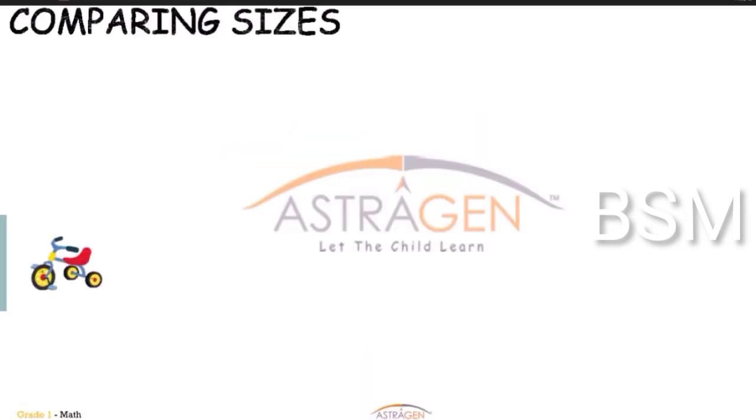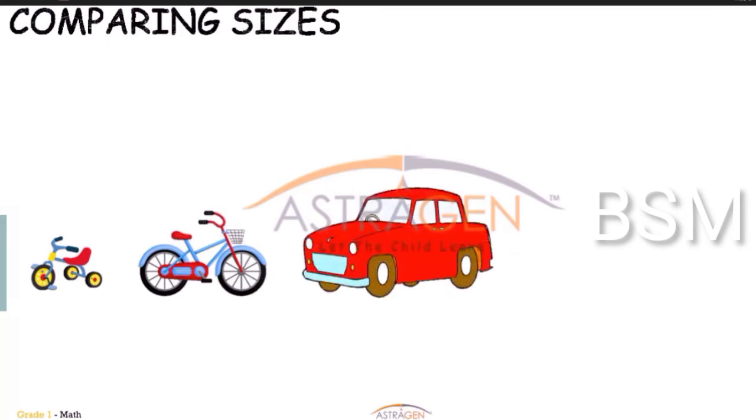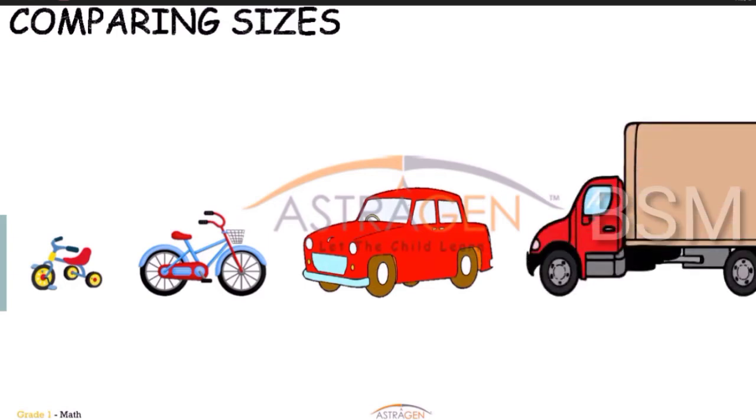Now that's a small tricycle. Then we have a little bigger bicycle. Then we have a bigger car. And then we have even bigger, that means the biggest, truck. Did you see the sizes, children? The tricycle is small. The cycle is a little bigger than the tricycle.